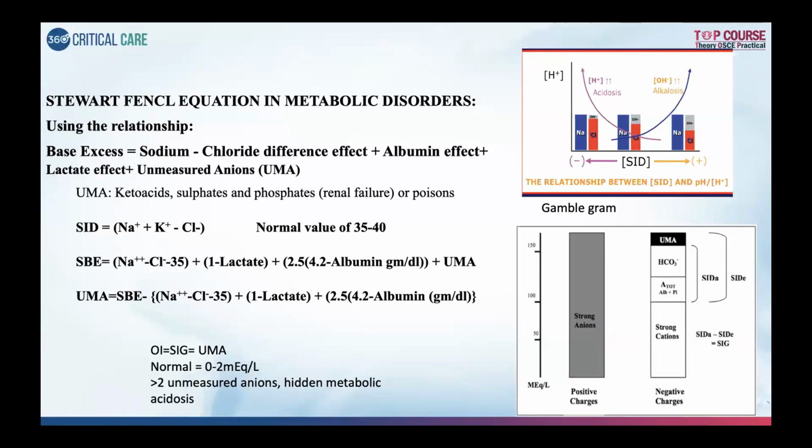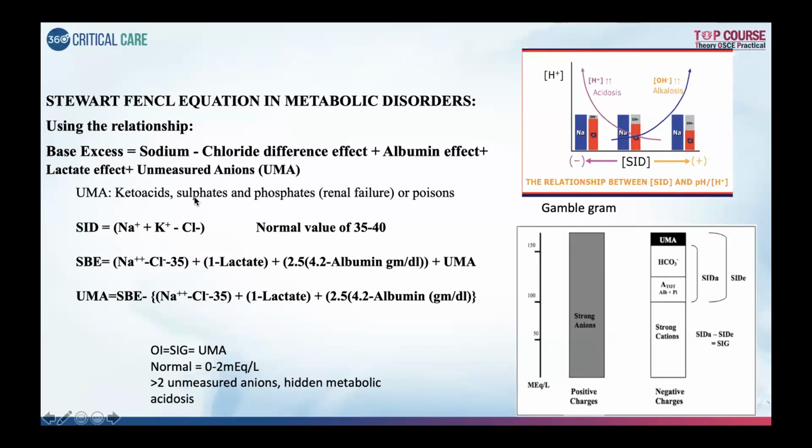Mainly in complex disorders, you want to understand what is causing the underlying pathology in this patient, whether it's an albumin effect, or lactate, or some other anions like organic acids or toxins, which are causing the complex metabolic disorder. Stewart will give you an exact interpretation of it.